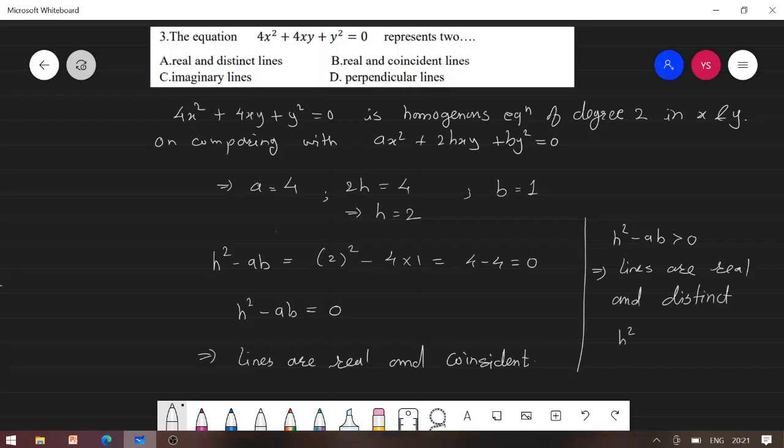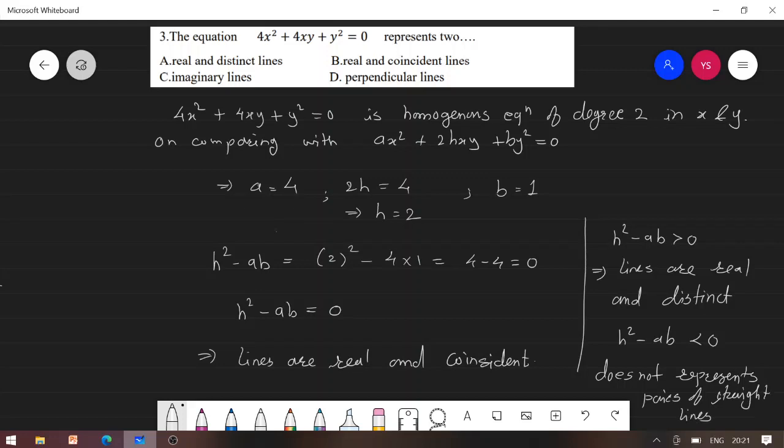If h square minus ab is less than 0, that implies the given homogeneous equation of degree 2 in xy does not represent pairs of straight lines.